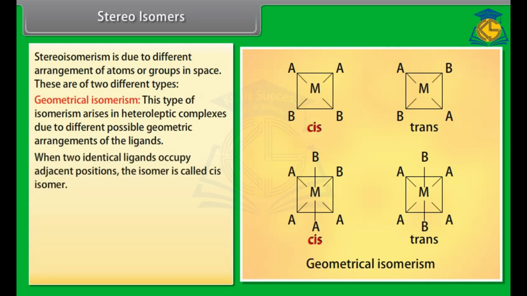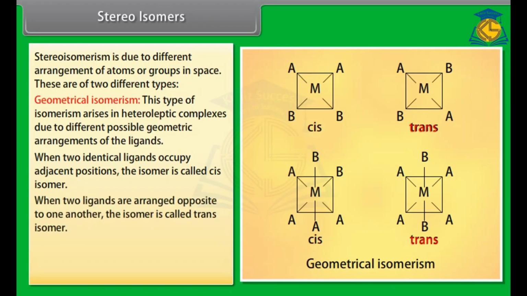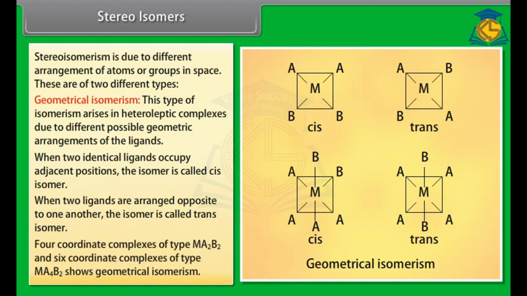When two identical ligands occupy adjacent positions, the isomer is called cis isomer. When two ligands are arranged opposite to one another, the isomer is called trans isomer. 4 coordinate complexes of type Ma2b2 and 6 coordinate complexes of type Ma4b2 show geometrical isomerism.